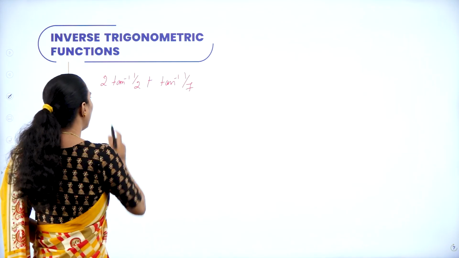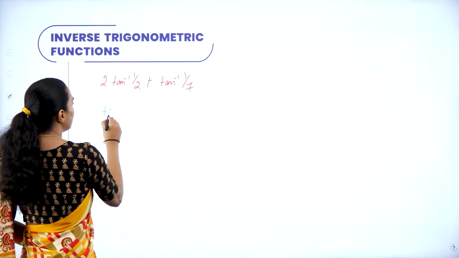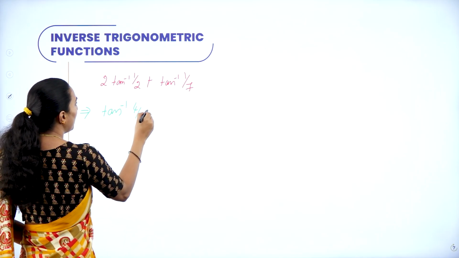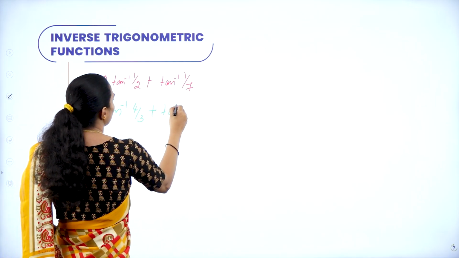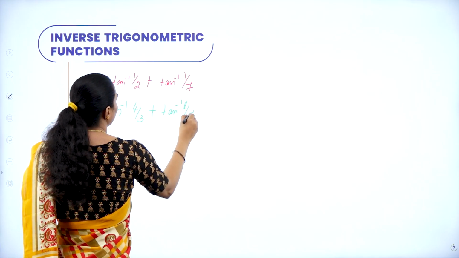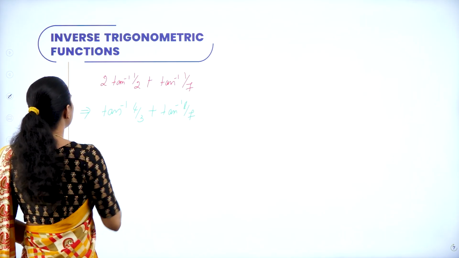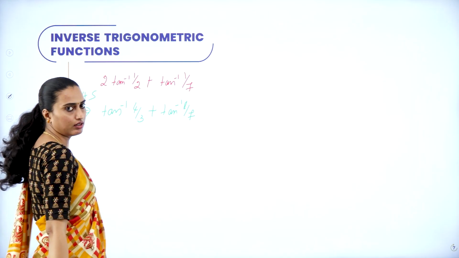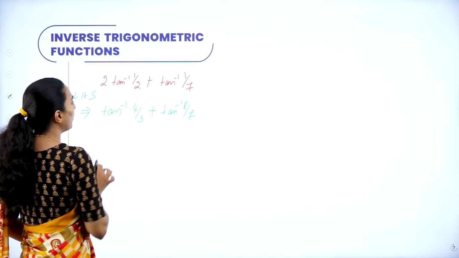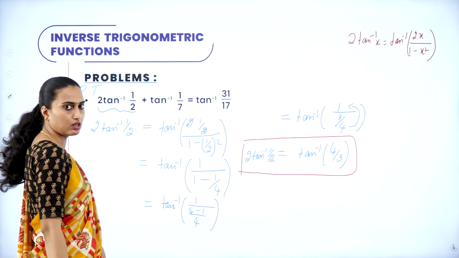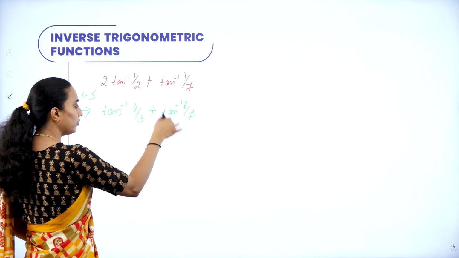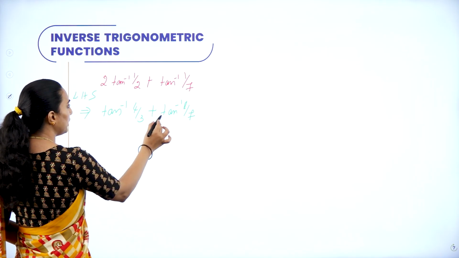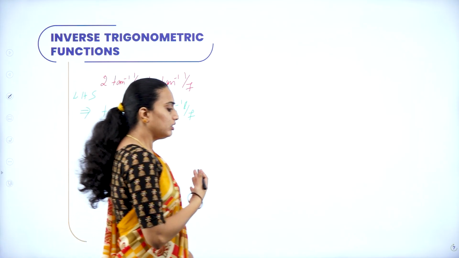Are you getting? So therefore I am going to write it here: tan inverse 4 by 3 plus tan inverse 1 by 7. So this is your left hand side. Correct? I have taken. Okay. So in place of this, you have to write down these many steps. Got? Along with this, you have to continue. Got? So next we'll be having what? Tan inverse 4 by 3 plus tan inverse 1 by 7.